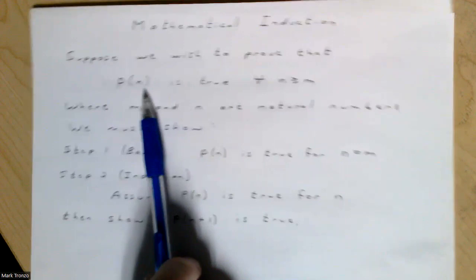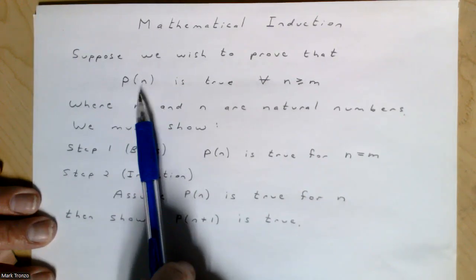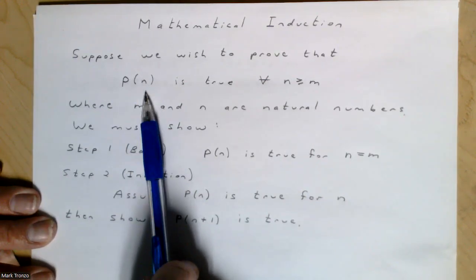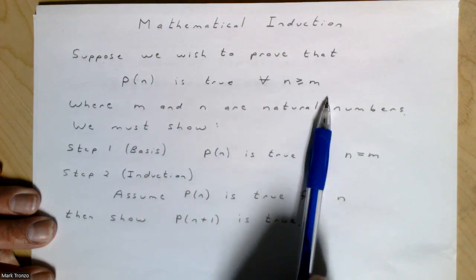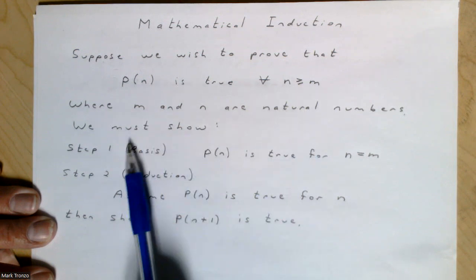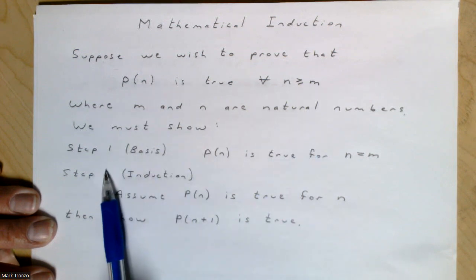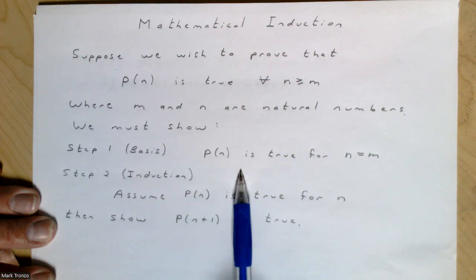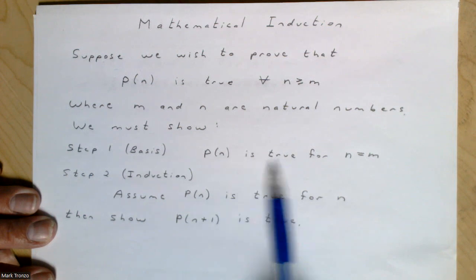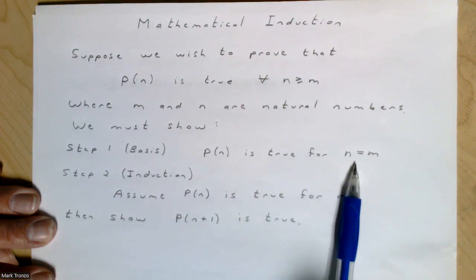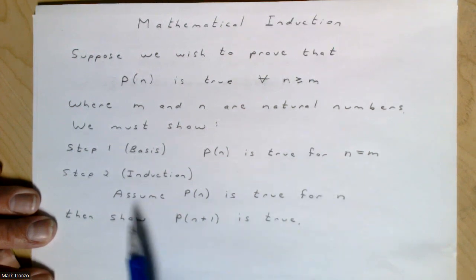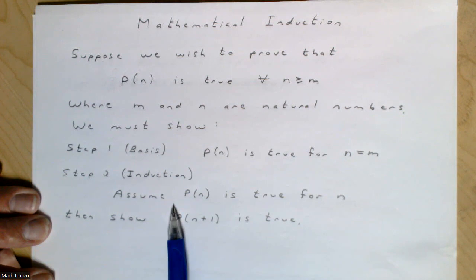If we want to prove that an expression or a property of natural numbers is true for all n greater than or equal to m, where m and n are natural numbers, we must show first the basis step, that the property is true for the first value of n we're given, then prove the induction step.